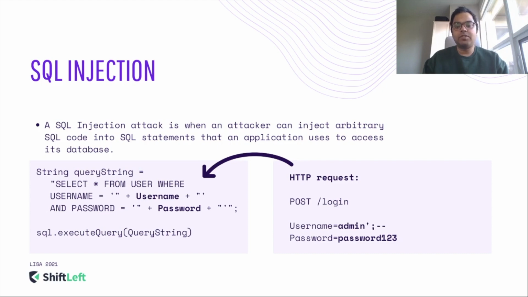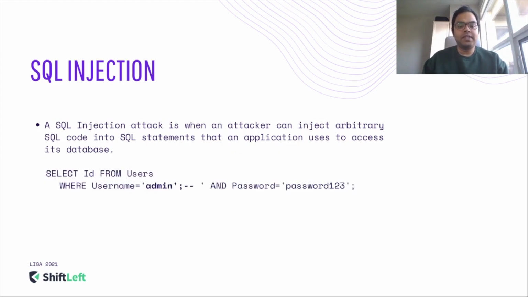So for the username string here, they have used admin, single quote, semicolon, dash dash. And if you try to place it back, you will see the admin, then the single quote, then the dash dash. So the quote before the admin and after the admin make this the complete string, and everything else after this is not used anymore.